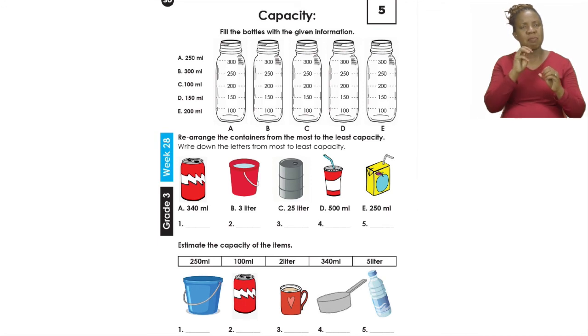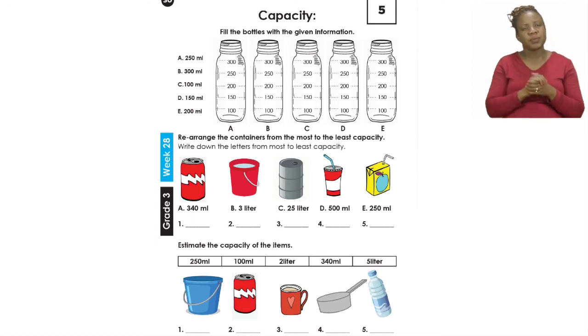So you will see that some of these items are similar to the items that you have on top. So maybe you can also use those as a guideline. Or maybe look at what items are similar, which can help you with your estimations.